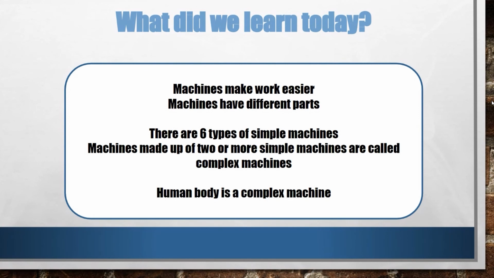We realized that there were 6 types of simple machines. And so whenever we have a machine that has 2 or more simple machines combined or working together, we call those complex machines. And of course, as we just demonstrated, the human body is in fact a complex machine.